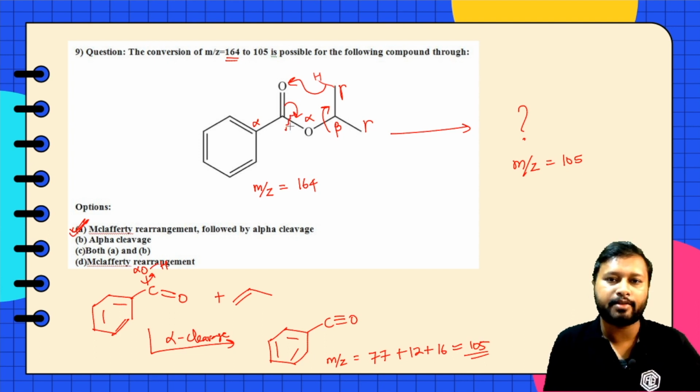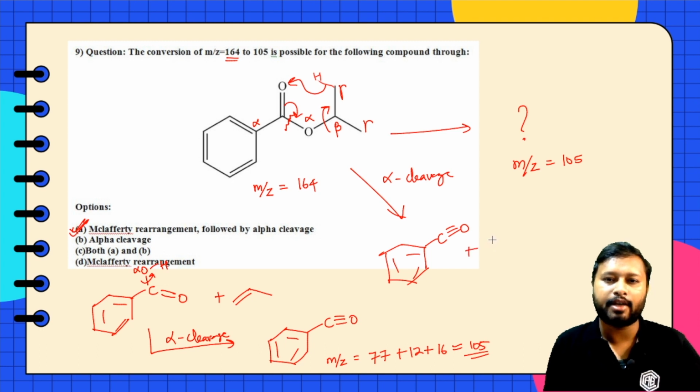If you break this bond, this is the alpha bond, this is the alpha atom or alpha group. So this bond can break, and with direct alpha cleavage you are going to get the same molecule, which is C triple bond O, and along with that you will get CH3, C double bond O, CH3.